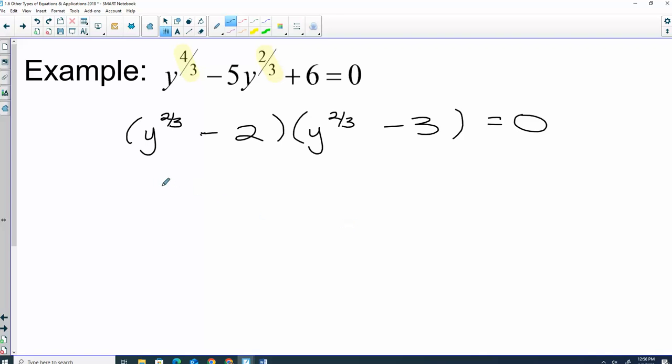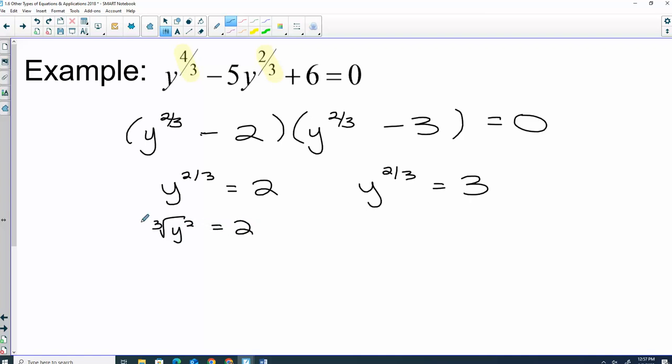Okay, so if you set those equal to 0, you get y to the 2/3 equals 2. And y to the 2/3 equals 3. Okay, remember a 2/3 power. What does that mean in terms of radicals? It's the cube root of y squared. How do you get rid of a cube root?